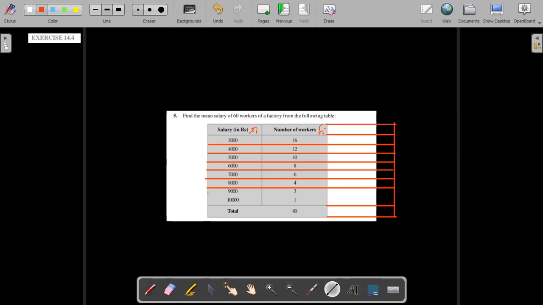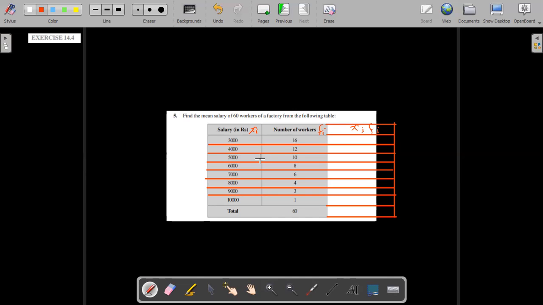The numbers are big, so the values will be big. Now you have to find the new column xi fi to find the mean, sigma xi fi.